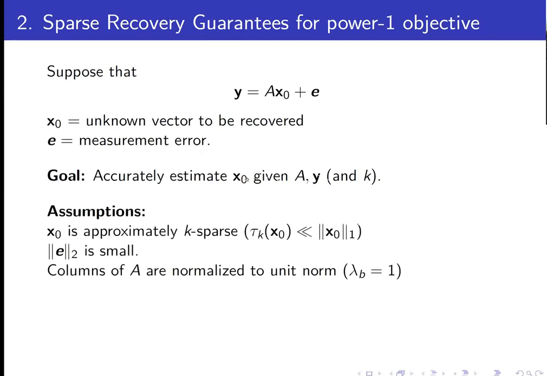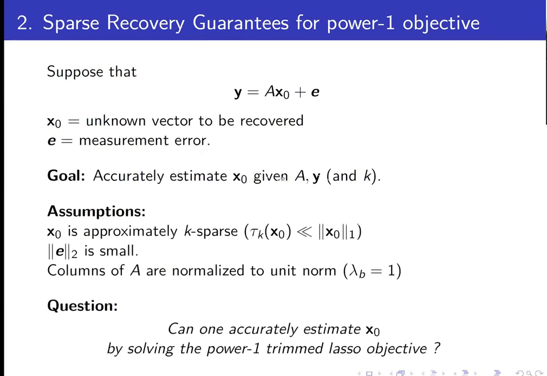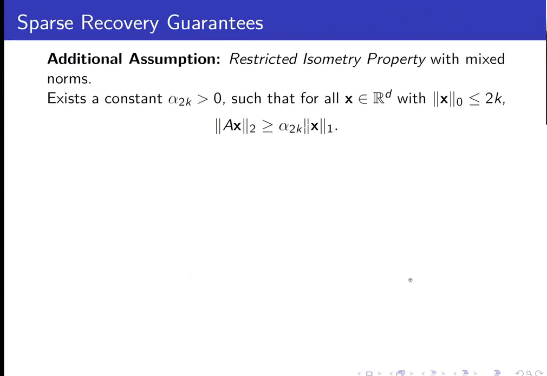And the question is, can we accurately estimate x0 by solving, let's say, the power 1 Trim Lasso objective, given y, A, and the sparsity parameter k? And the answer is that, first of all, we need to assume something about the matrix A. So we assume a standard notion in compressed sensing, a restricted isometry property. In our case, it has mixed norms, L2, L1.